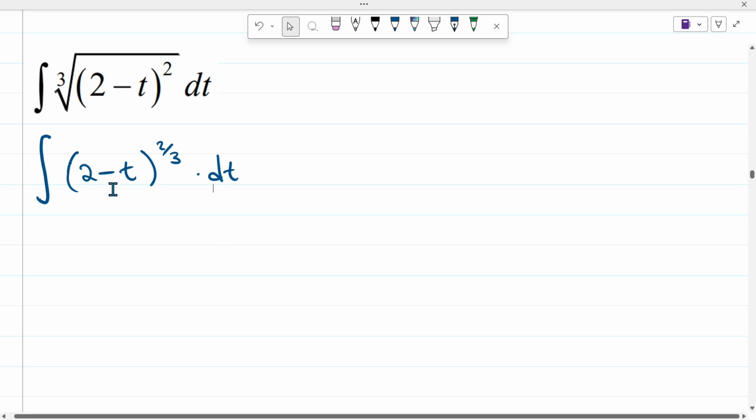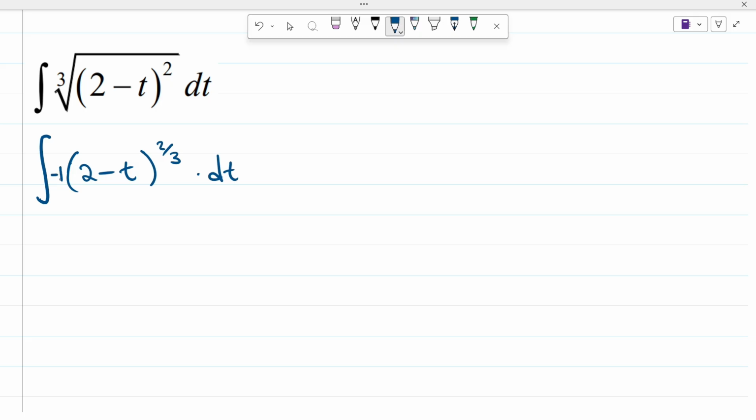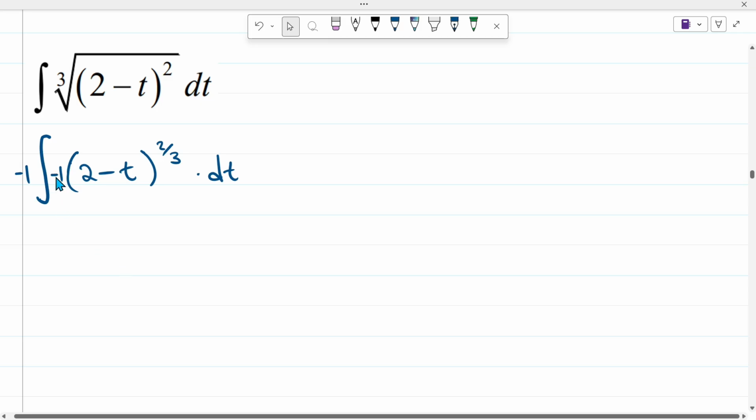But then, do we have a function and its derivative? So we check. If we let 2 minus t be our function, what is the derivative of this? It's minus 1, but then we don't have minus 1 here. So we can always cook the numbers, remember? So I cook the derivative of it without changing the equation.